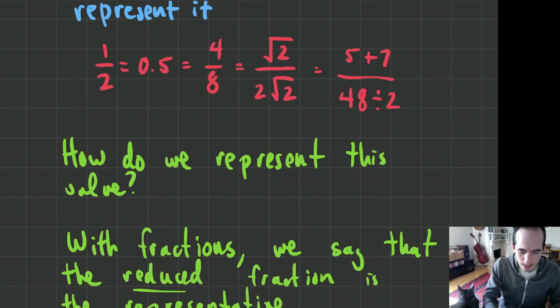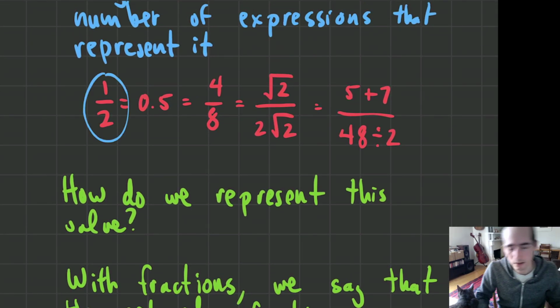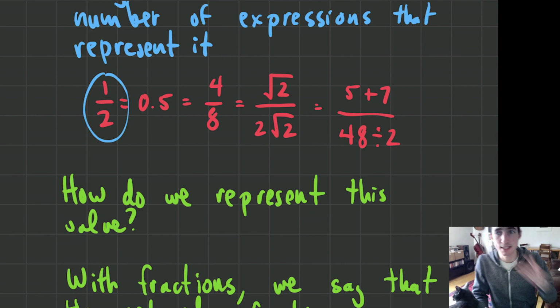In this case, the representative of 1/2 is this guy right here, 1/2. That's the main representative of that value.